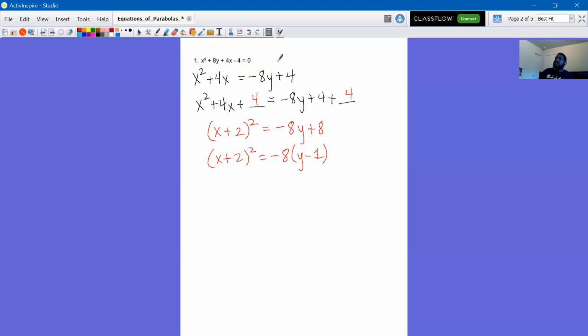As you can see here, we have a parabola that opens downward because your x term is squared and the 8 is negative. So I'm going to do a rough sketch of this parabola. I have a parabola that does this, and I have my vertex here.